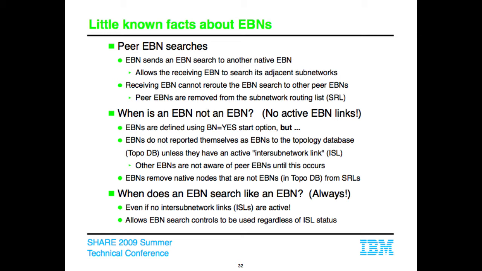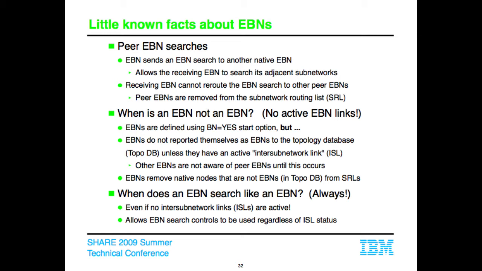So when is an EBN not an EBN? When you define a border node with BN equals yes, you've configured him as a border node. But if he does not have any active links across APPN network boundaries, then he's really not capable of acting like a border node. Right? He can't be an entry border node, he can't be an exit border node. There are no network boundaries.